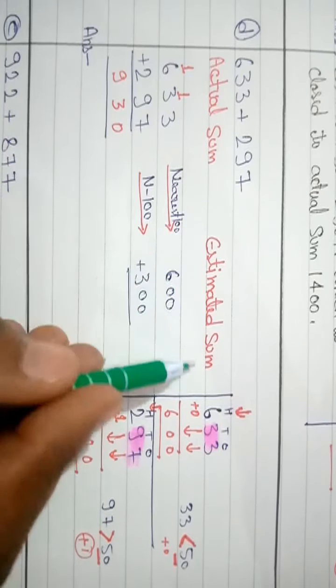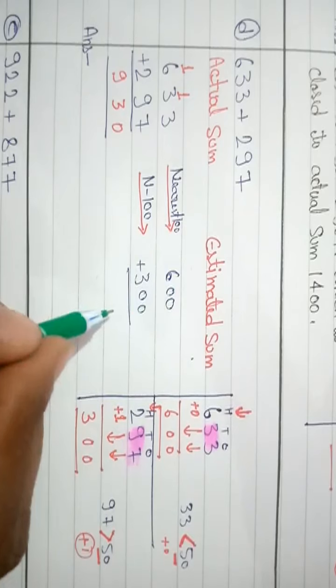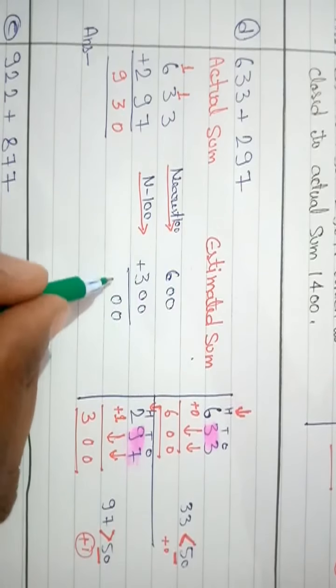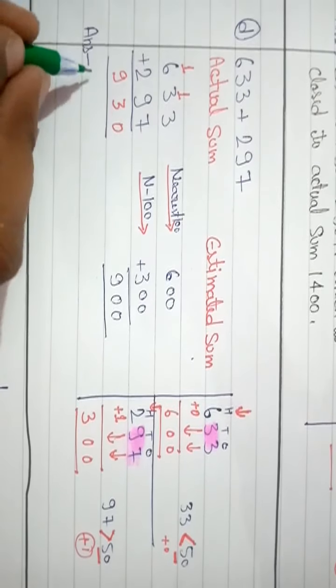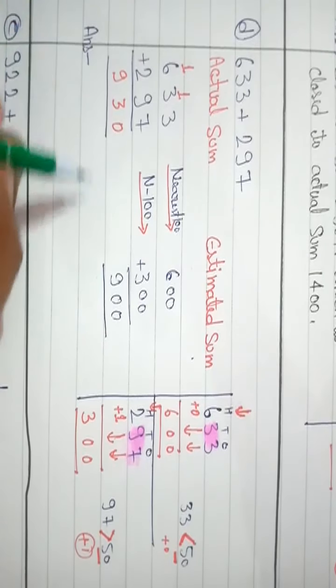Add them to find the estimated sum, so we add 0 0 9. So the answer statement: it is very close.